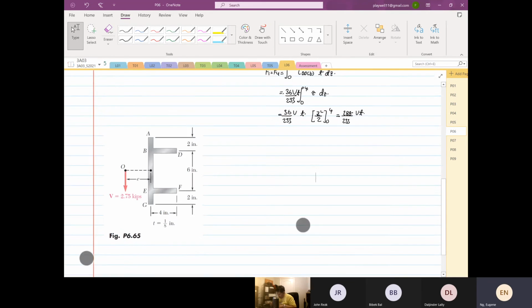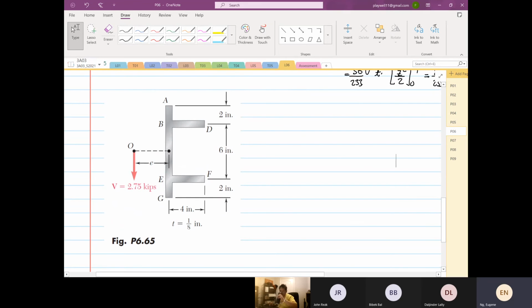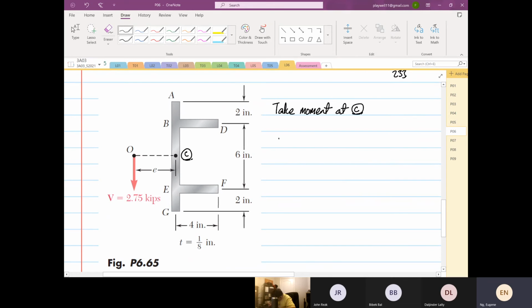We're going to take moment at point D. Sorry, at point C. We'll take moment at point C. So you have some moment about Z at point C, and the whole thing will be equal to 0.